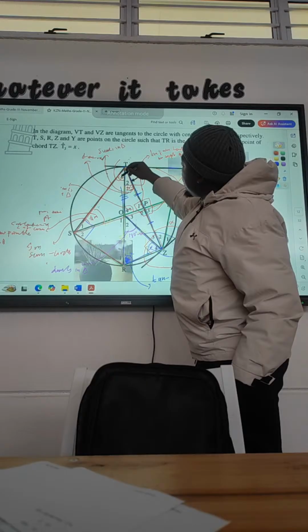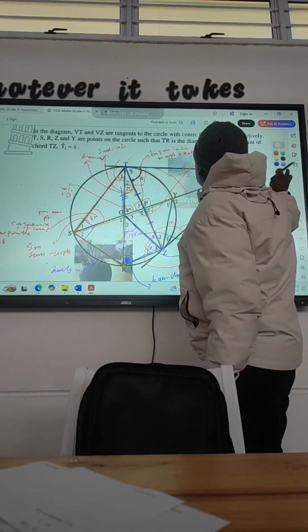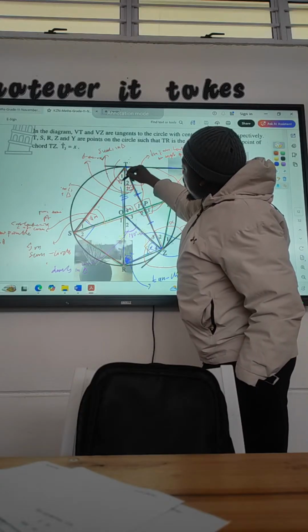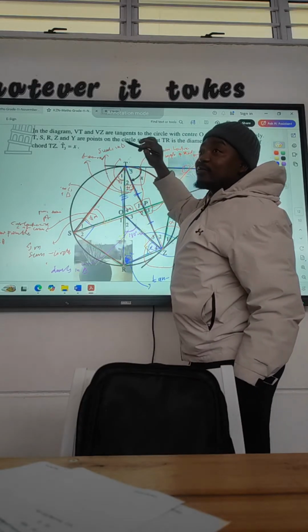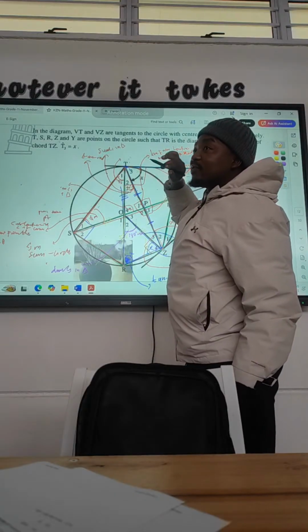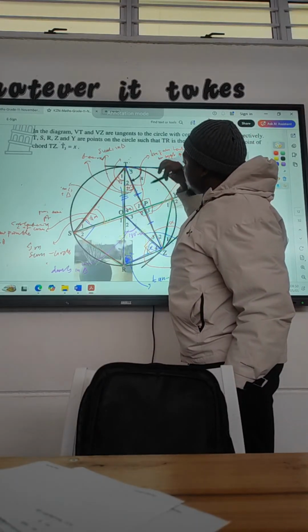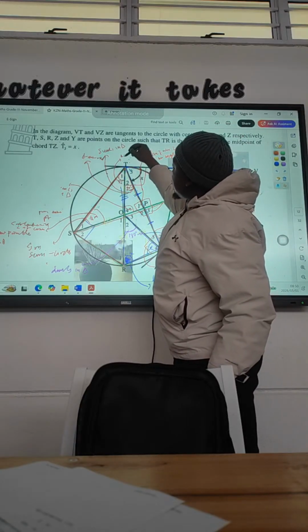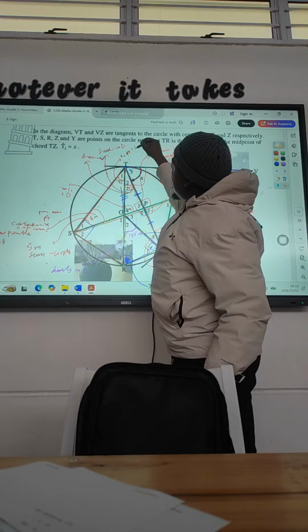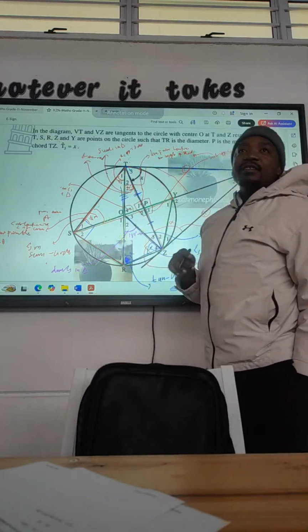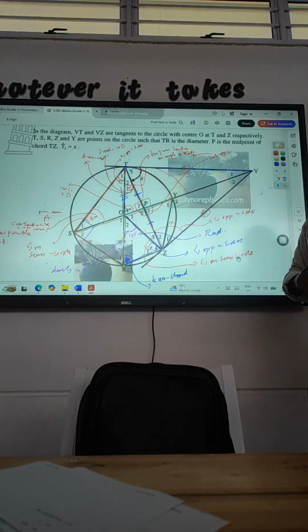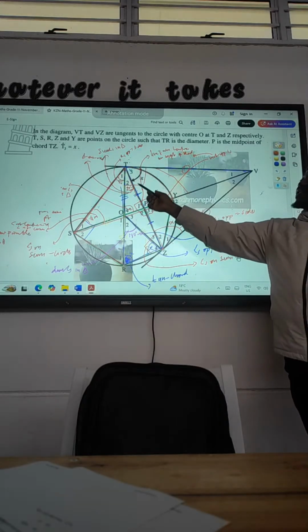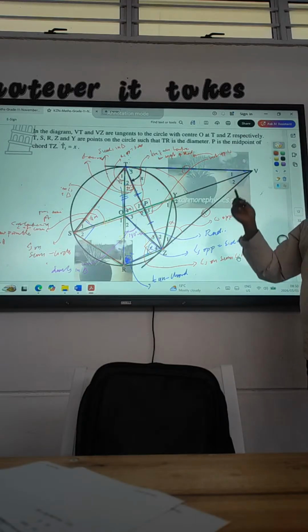Okay? One over two of x, y. Because the radii are equal, angles opposite equal sides. So this is x, this is 90, this will be 90 minus x.